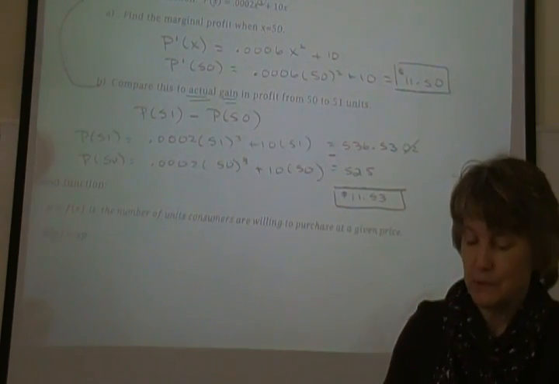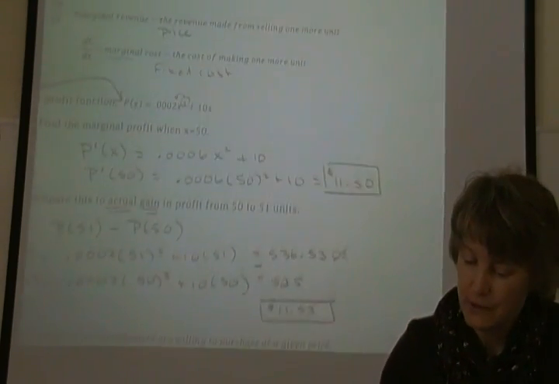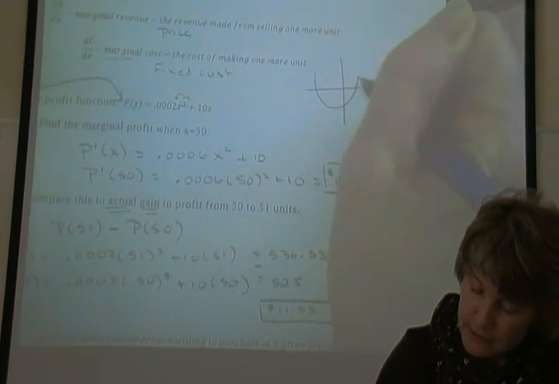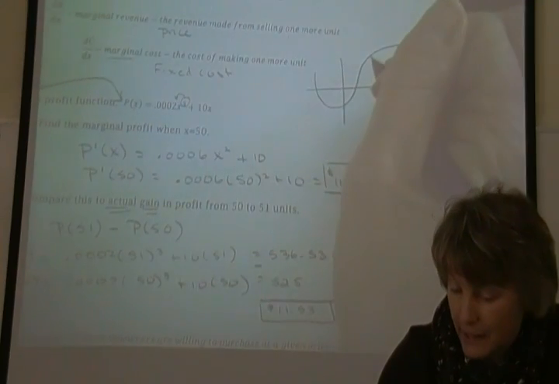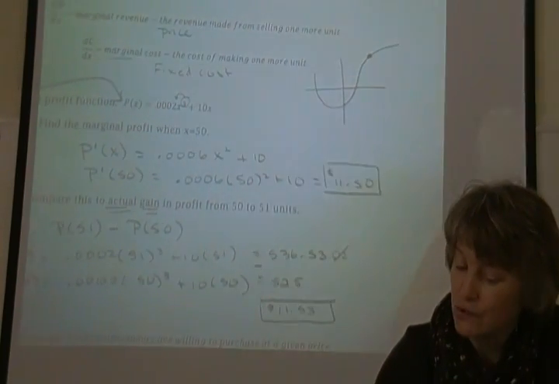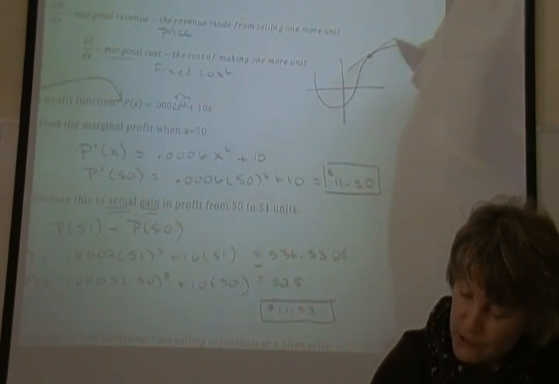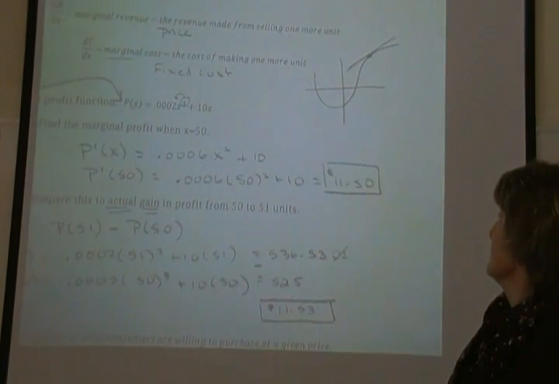So, for example, if you have a function that goes like this, and I ask for the marginal, what you're doing is you're approximating the curve with this tangent line.